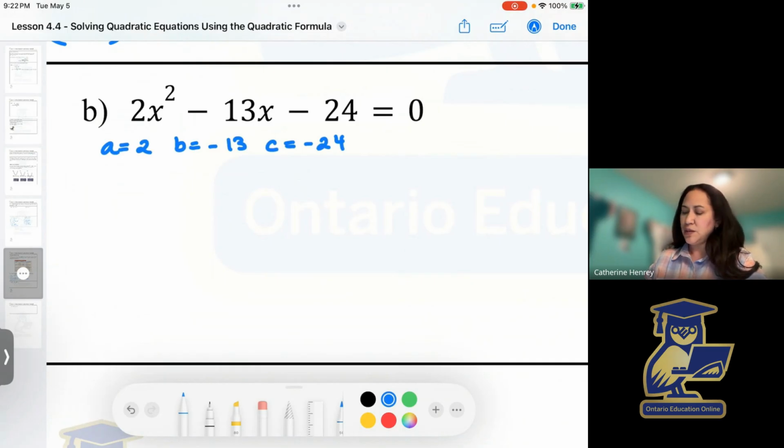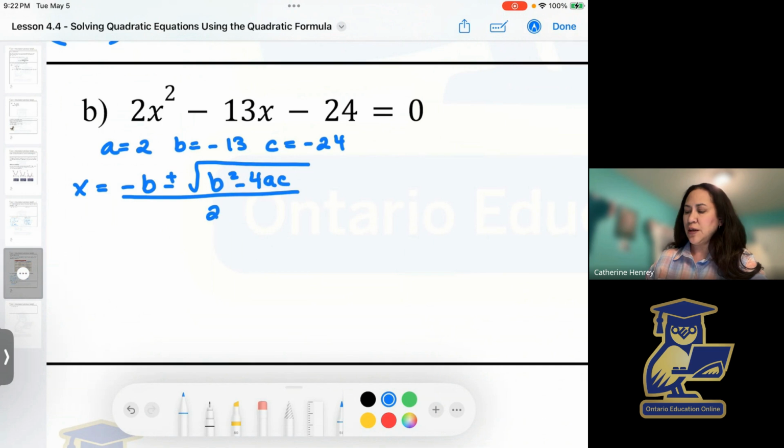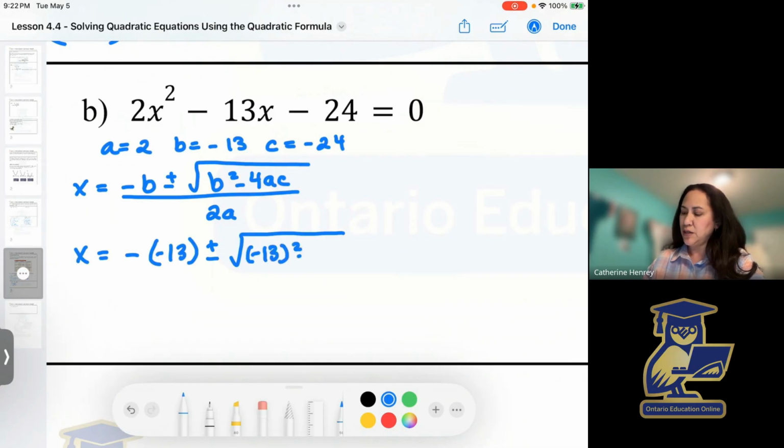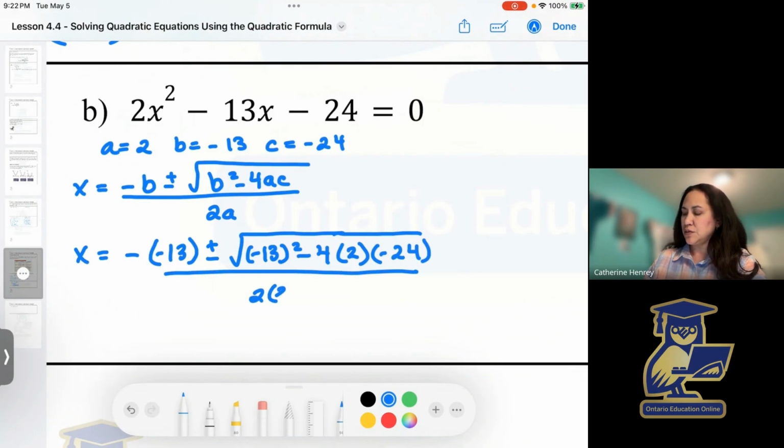Remember the quadratic formula, x is equal to negative b plus or minus the square root of b squared minus 4ac all over 2a. x is equal to negative 13 plus or minus the square root of negative 13 squared minus 4 times 2 times negative 24, all over 2 times 2.